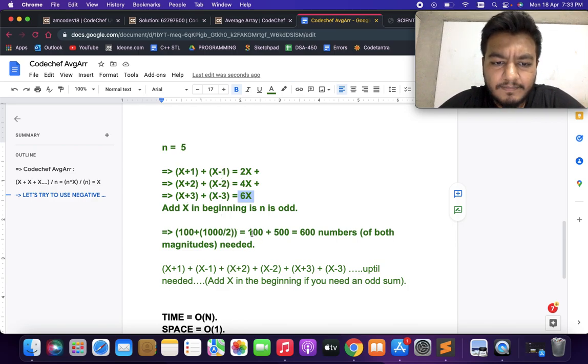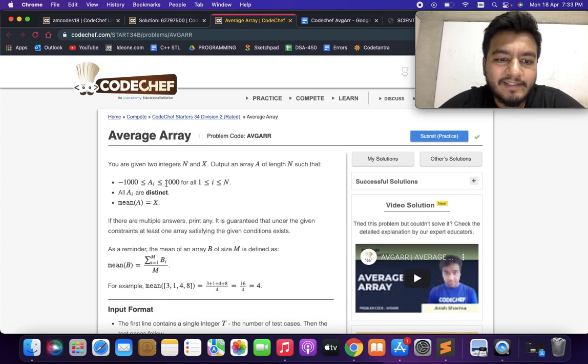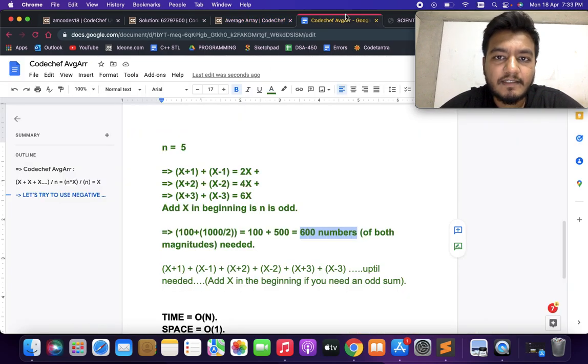If you want to produce n equal to 1,000, you will just need the max number up to 1,000 divided by 2, which is 500, and the maximum numbers allowed are up to 1,000, so 500 and minus 500 are both valid.